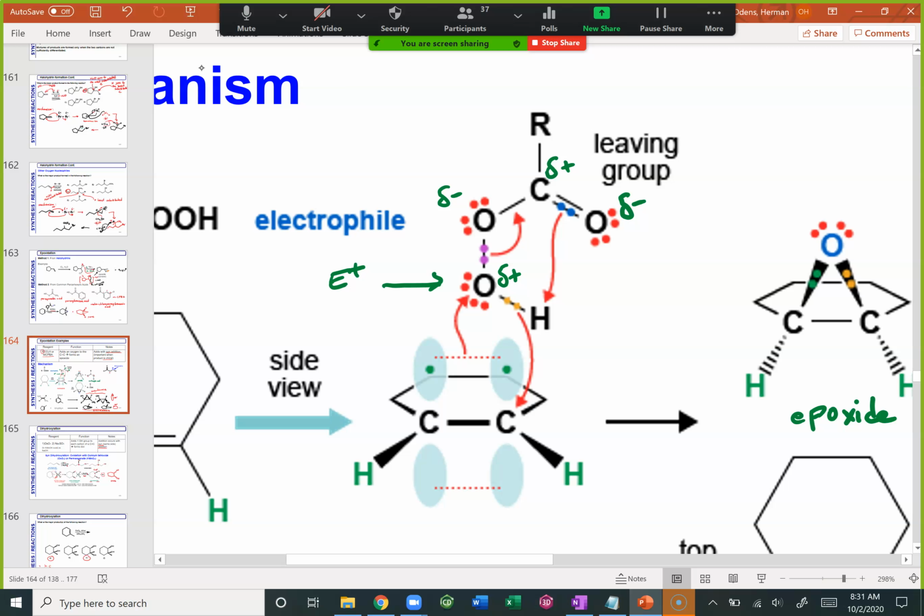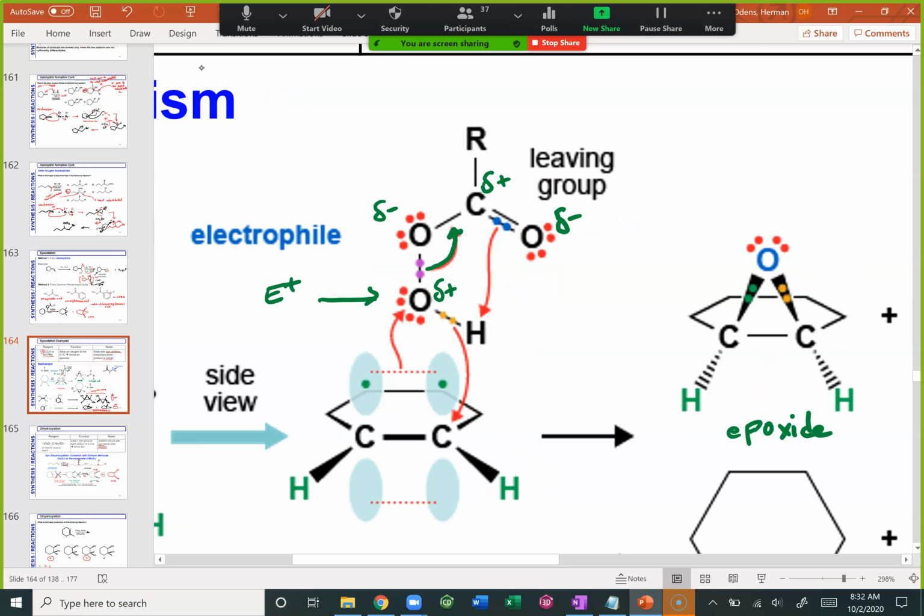Then these electrons kick off, so this bond breaks. That bond has to break, and when it breaks, these two electrons are going to form this double bond here. So those go there, and right away, because you're forming a double bond here, this has to break.